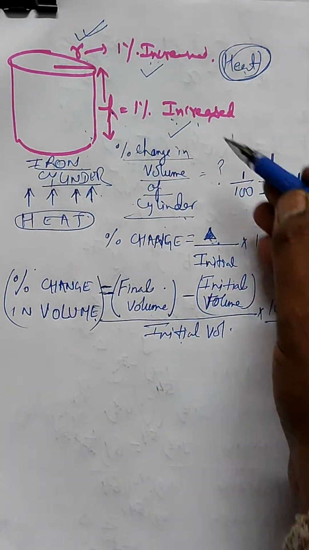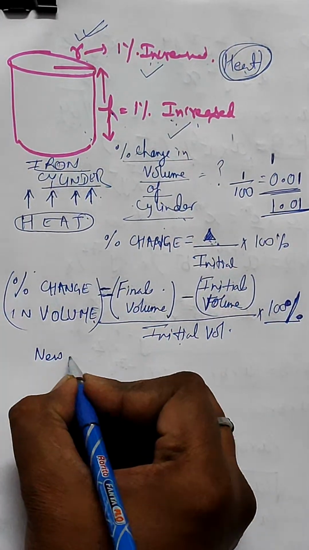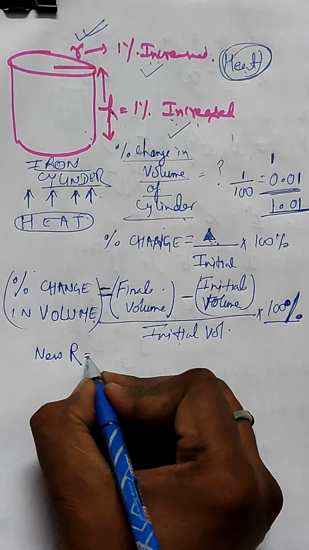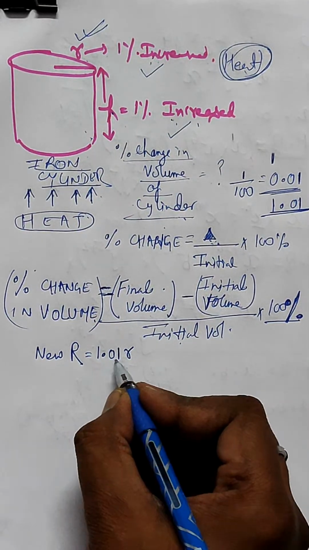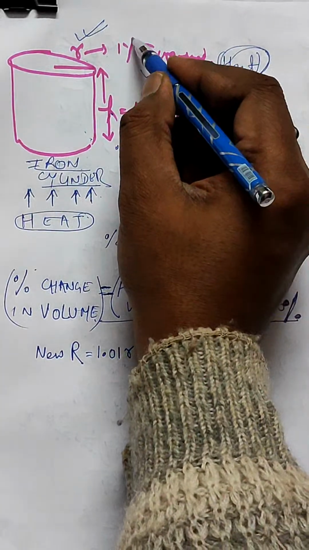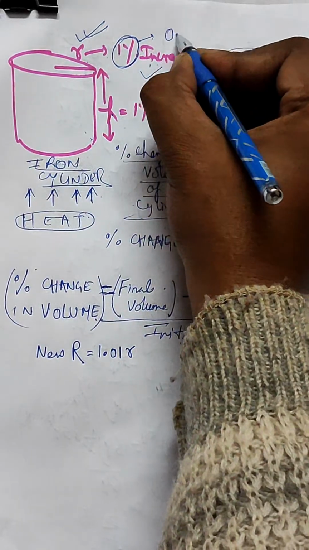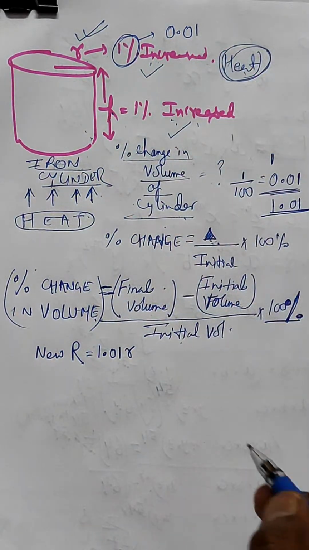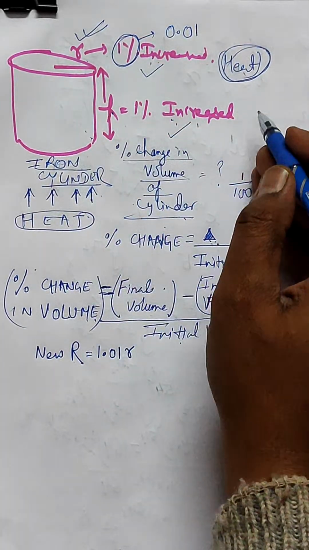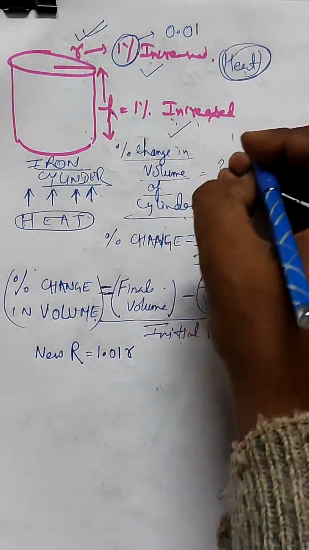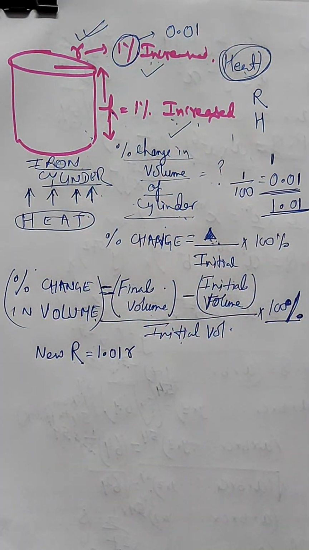So with 1% increment, we can say that the new radius, let's say capital R, is 1.01 small r, because this is increased by 1%. Just mark this figure, 1%. So 1% is 0.01, right? Let's say after heating, the cylinder has R and H, okay?